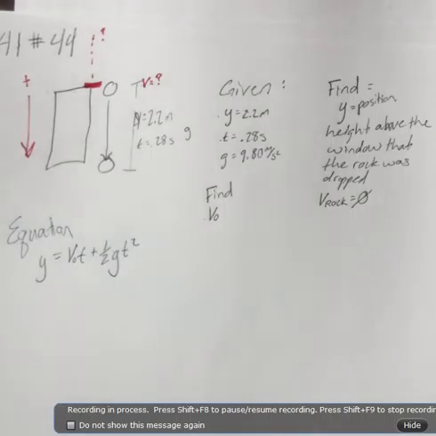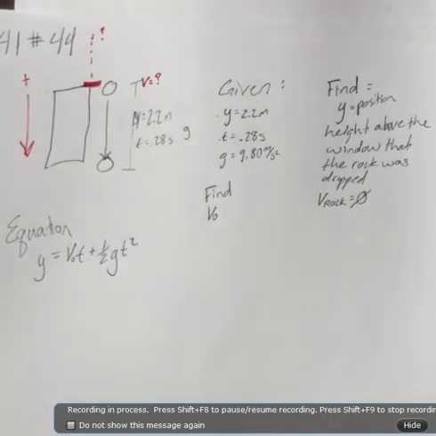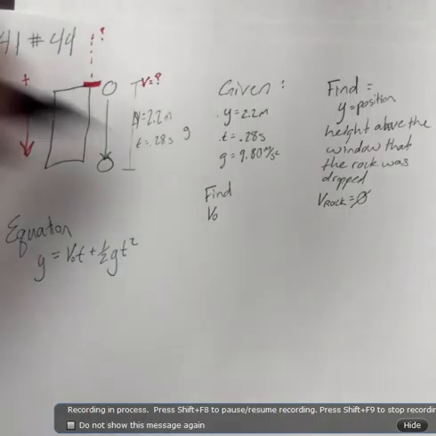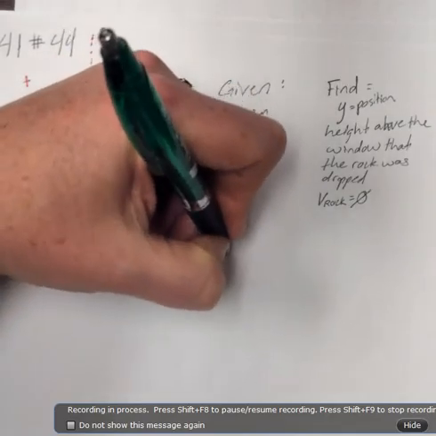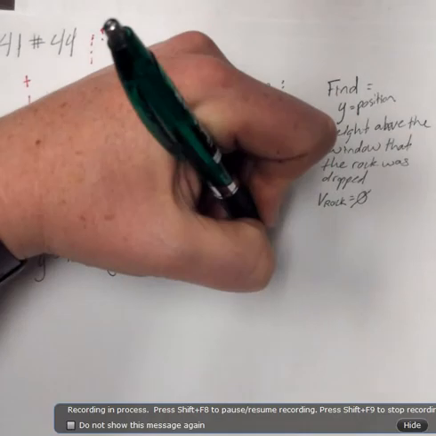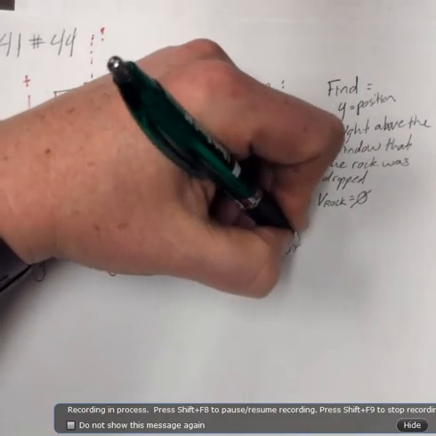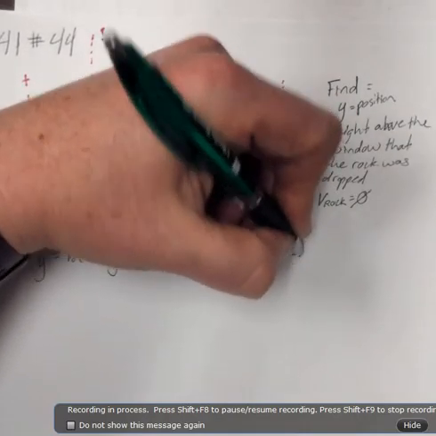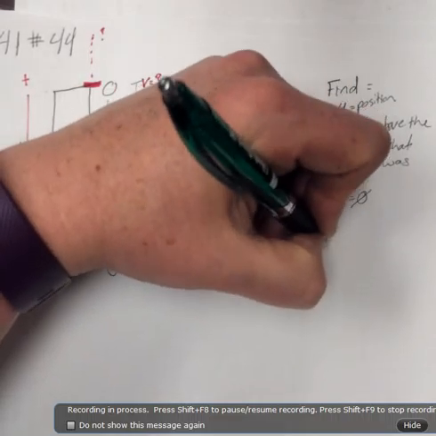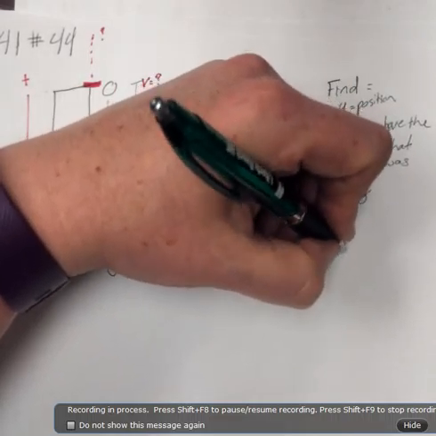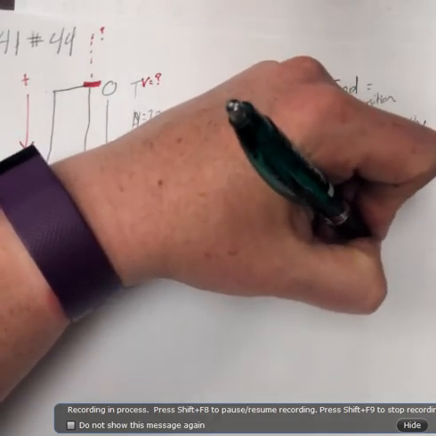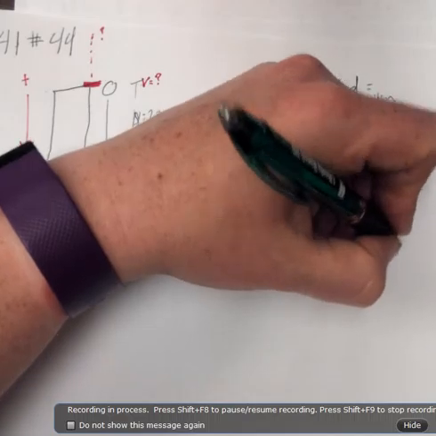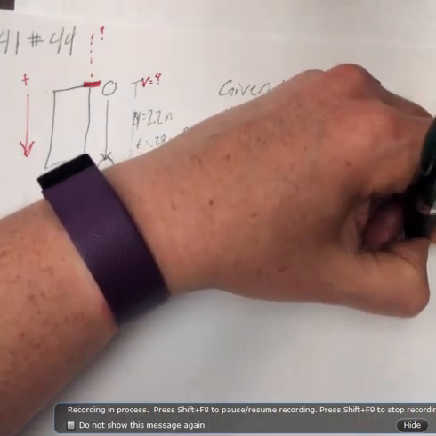Lucky for me, in this situation, I'm not trying to solve the quadratic formula. I have time, so I'm going to plug in my knowns. 2.2 meters equals v naught times 0.28 seconds plus 1/2 times 9.80 meters per second squared times 0.28 seconds squared.